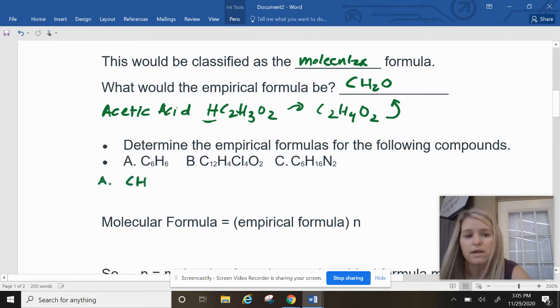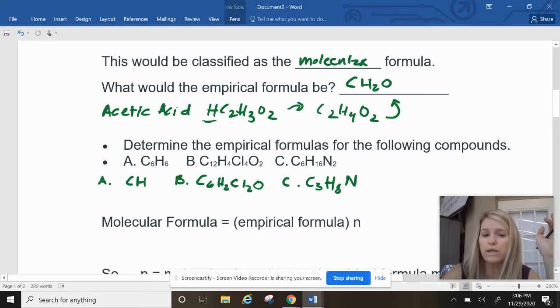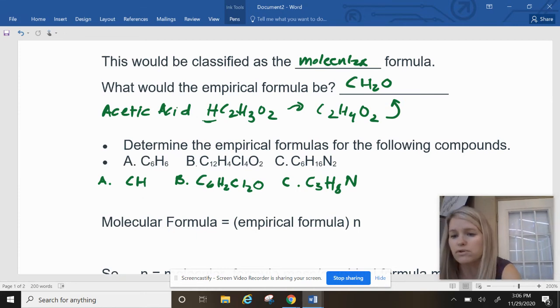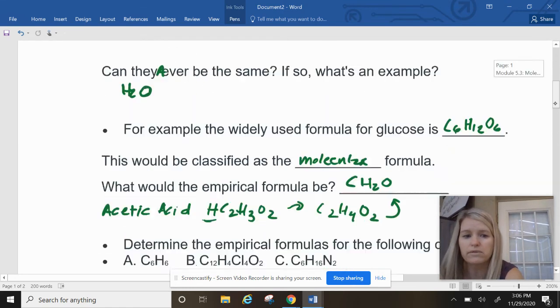That's A. For B, you can tell they can all be divided by 2, so it should be C6H2Cl2O. And for C, they can all be divided by 2, so C3H8N. No big deal. So that's the difference between molecular and empirical. Do these problems get a little harder? Of course. It's chemistry.